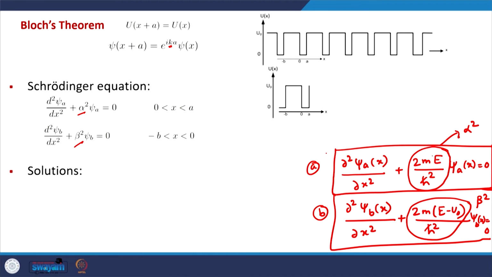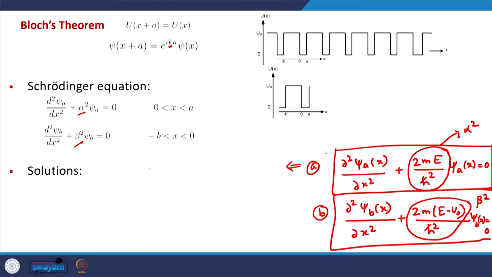So once we encapsulate this energy term in alpha and beta, then we can easily write down the solution of these Schrodinger equations in terms of sines and cosines, as we did earlier in case of free particle and particle in a box.